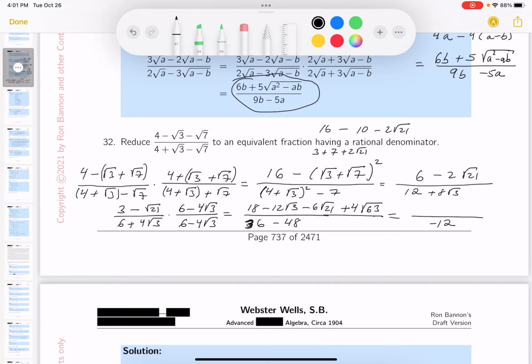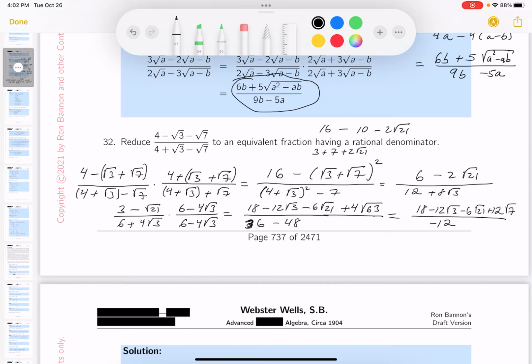That's 18 minus 12 root 3, minus 6 root 21. And then the 63 has a 9 in it. And the square root of 9 is 3, so it'd be plus 12, and that would be 7, root 7.